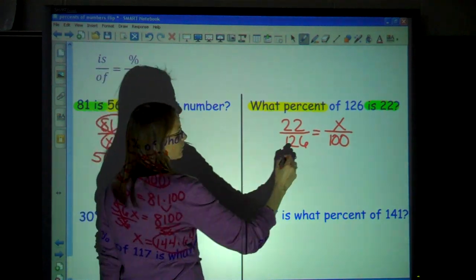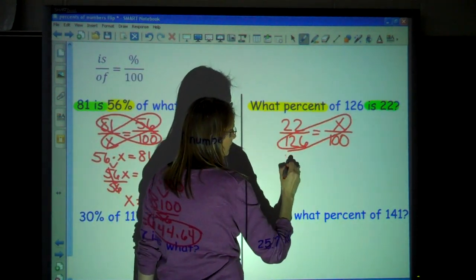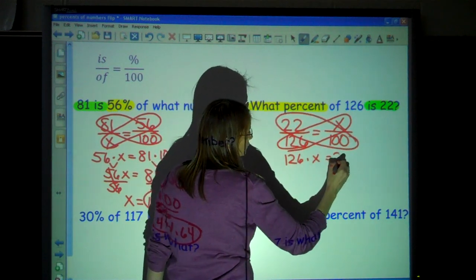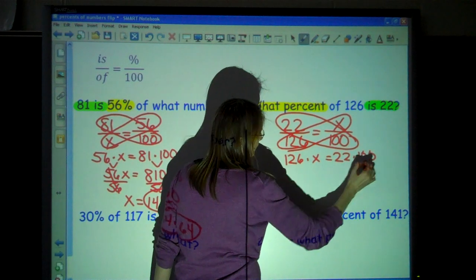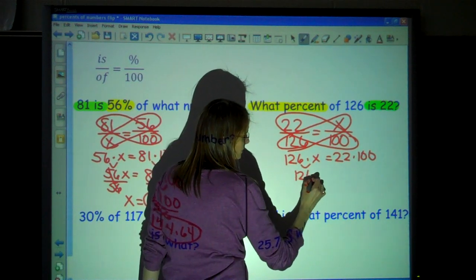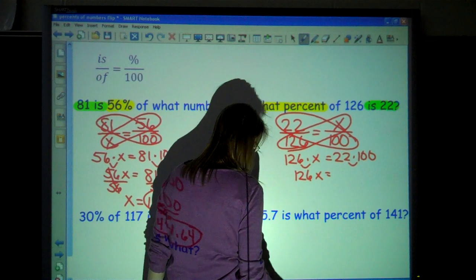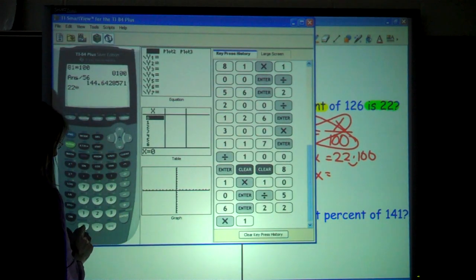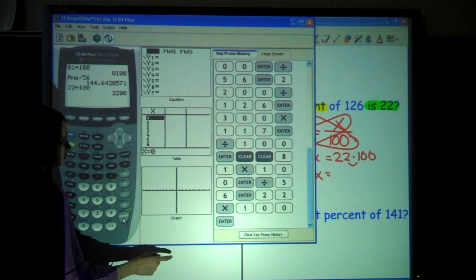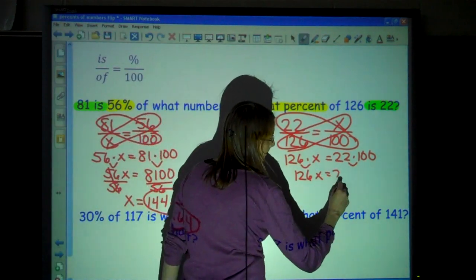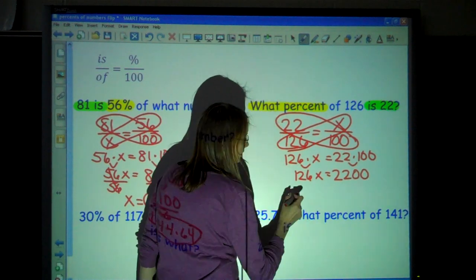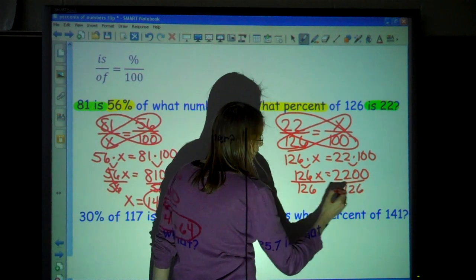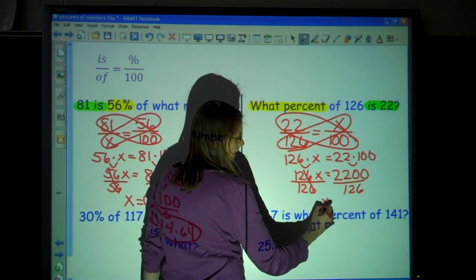And now I'm going to multiply my means times my means, and my extremes times my extremes. So I get 126x is equal to 22 times 100, 2,200. I'm going to divide both sides, opposite operation, by 126. 126 divided by 126 is 1x.